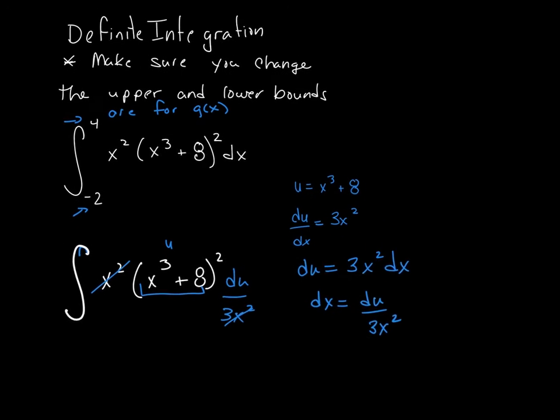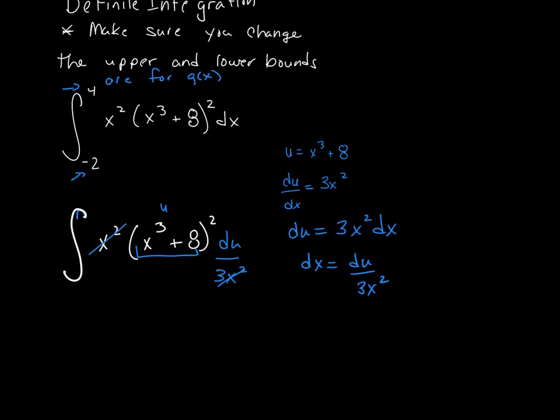I'm leaving these limits of integration blank right now, not because they're going away, but because I want to take a second to talk about what's going on. Now that 1/3 I can pull out front, and I'm left with just u squared du.